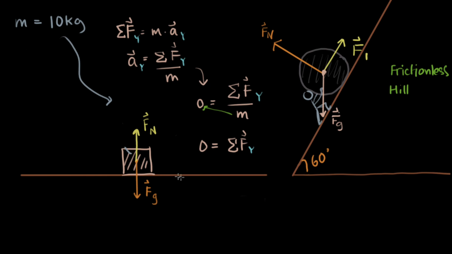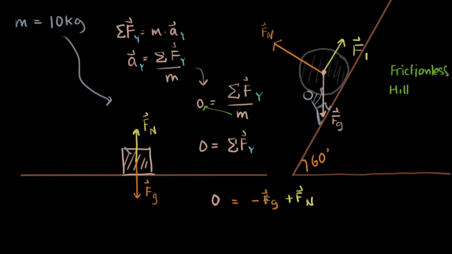We have the force of gravity, which is acting downwards, and by convention, I'm taking downward as negative. So we have a downward force of gravity, and let me write a 0 up right here. And we have a positive, that is upward, force, the normal force.